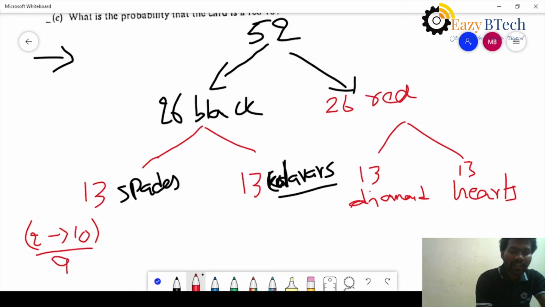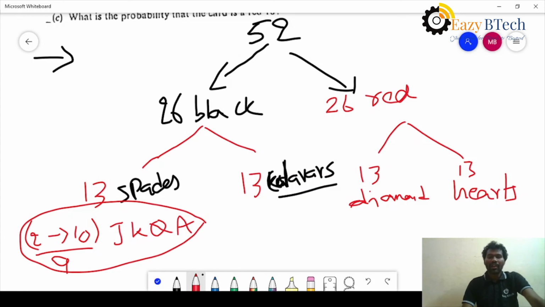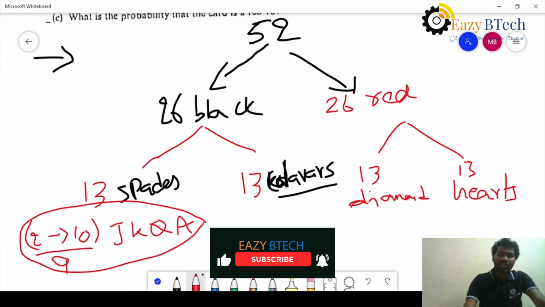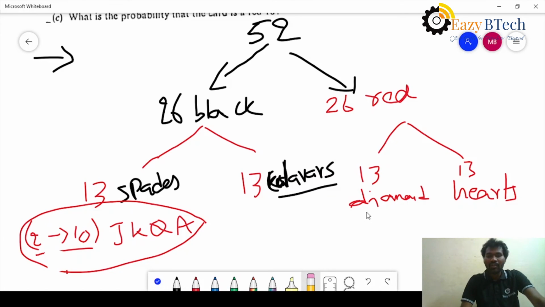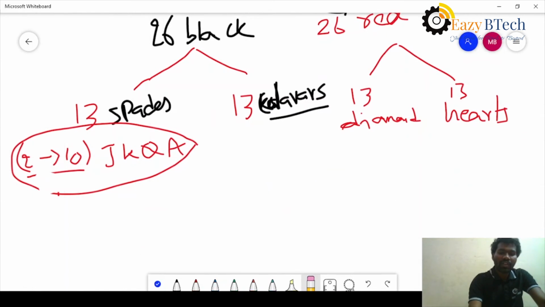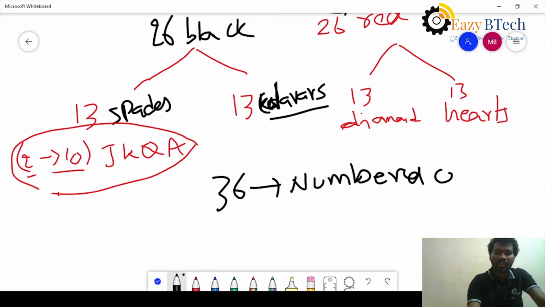So 2 to 10 means there are 9 cards, and you have J, Q, K, A. So every group of 13 cards contains the numbers: you have two of diamond, three of diamond, up to 10 of diamond, and J, Q, K, A. That means in a deck there are totally 36 numbered cards, and 16 letter cards.